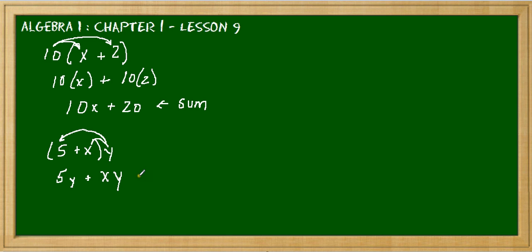So, and we're showing this as, again, the sum, okay? Now we have one more example here where we have to write the product of x times parentheses x minus 1 end parentheses, and we have to show this as a difference.